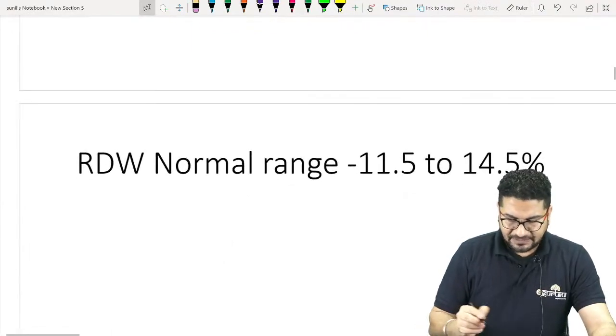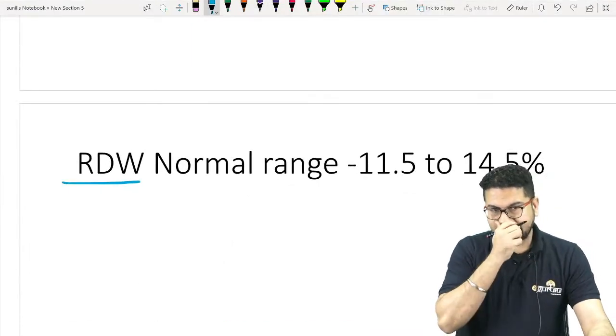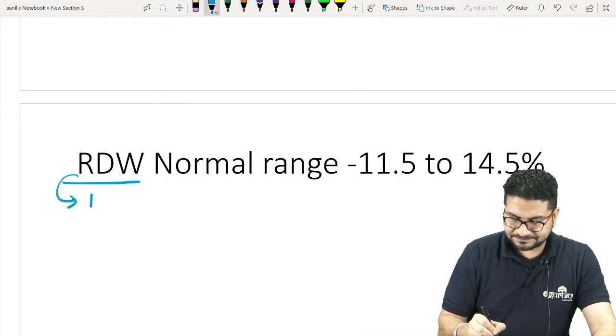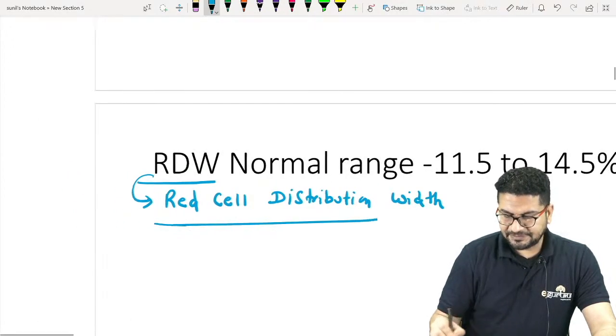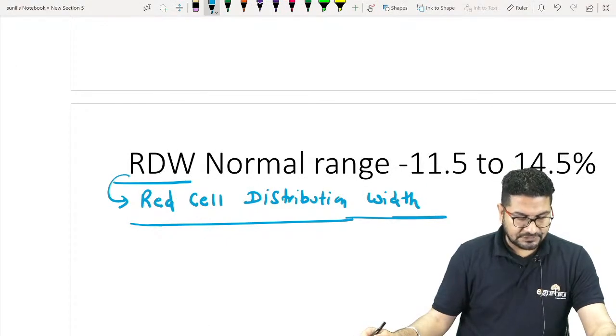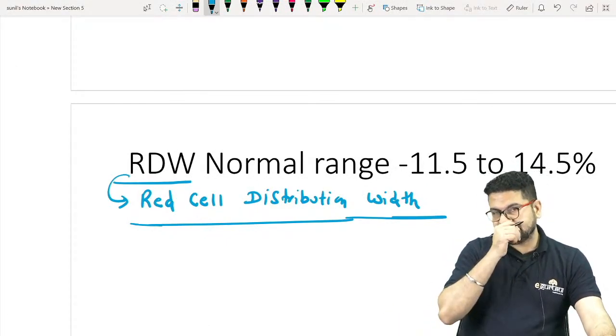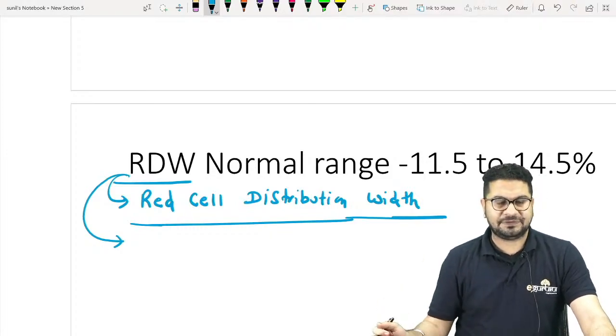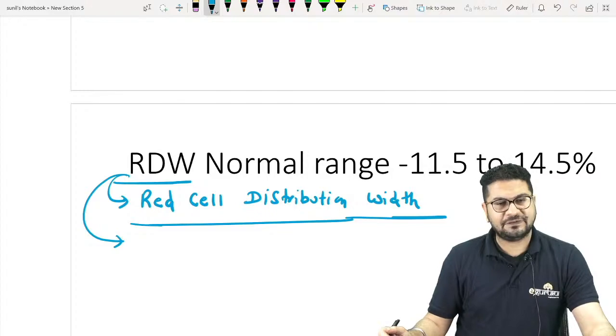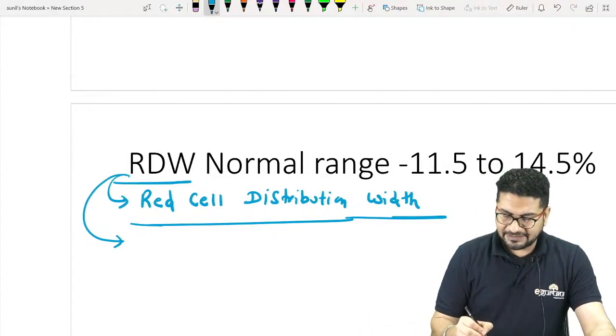Okay, next parameter is RDW, red cell distribution width. So this is important. Understand how we calculate RBC distribution width. This RDW corresponds to different size RBCs. Suppose we have a patient who is having abnormal shaped RBC, abnormal size RBC. That is called anisopoikilocytosis.